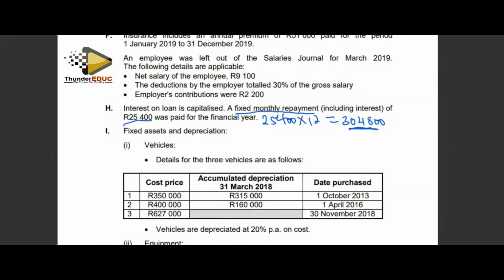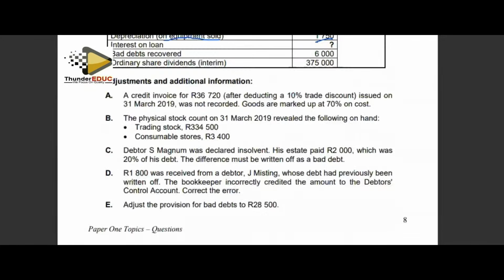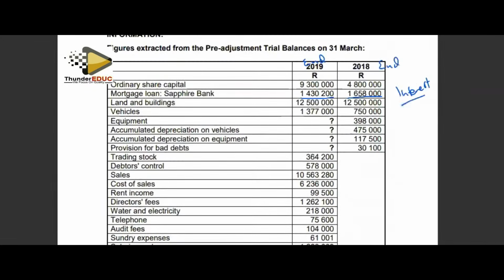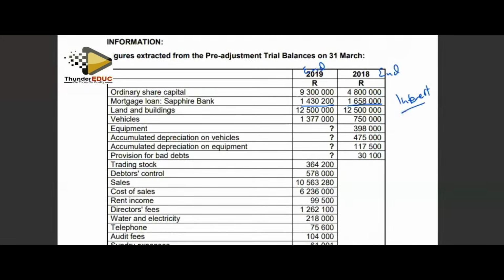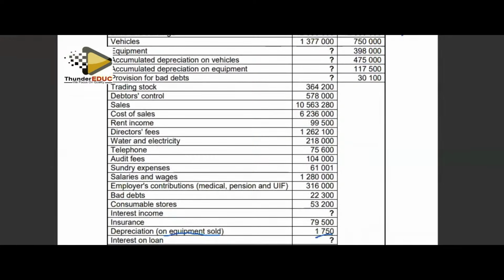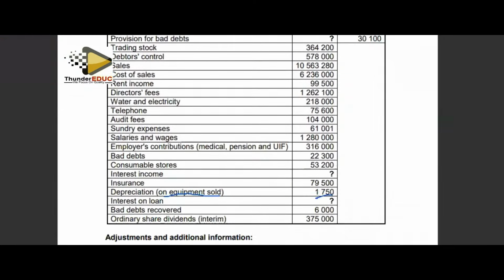Then the other figure we had was the trading stock deficit. So trading stock deficit, what is this? Let me see trading stock.